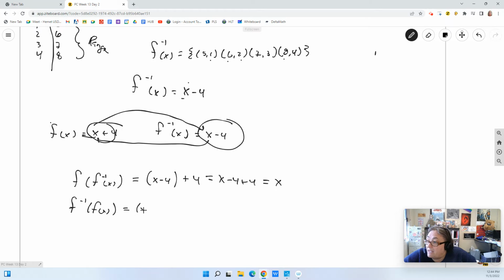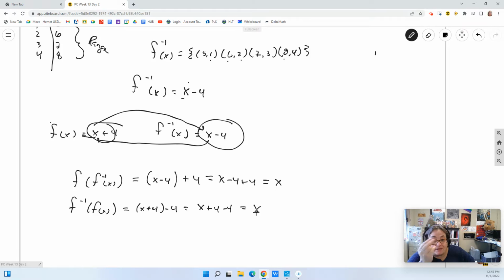So here I'm going to have x plus 4 minus 4. And in this case, you can literally see that it's going to work, right? Because we know it's just adding and subtracting 4. If those zero out, it's going to work. Because here we'd be left with x plus 4 minus 4, and you can see that the 4's would cancel and we'd be left with x.